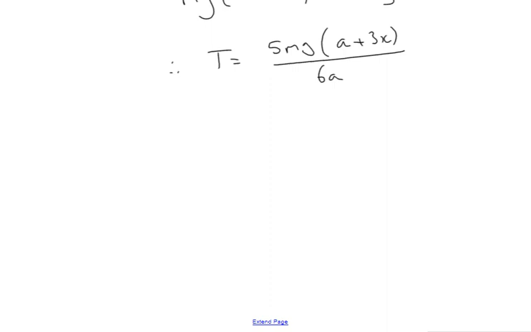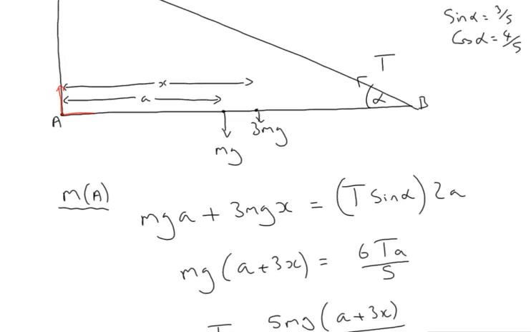For part B, I'm going to resolve horizontally. We're now told for part B that the magnitude of the horizontal component is 2mg. So going back to our diagram here, I know that there's a 2mg horizontal force.